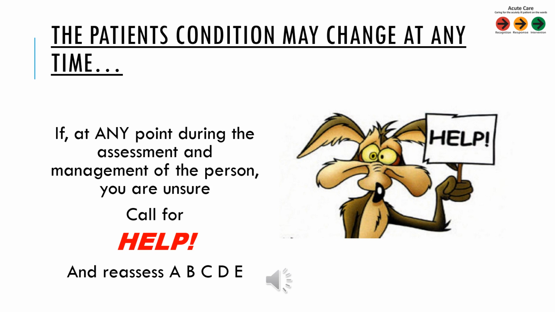For example, you may approach a patient and notice that a wound drain is completely full of fresh blood, which actually falls under E, but you still need to think about A, B, C and D. However, during this process, the patient's status may change, and even if you are not initially particularly concerned, if you then feel like you need it, call for help. My recommendation would be that if you feel a patient is deteriorating, call for help sooner rather than later.